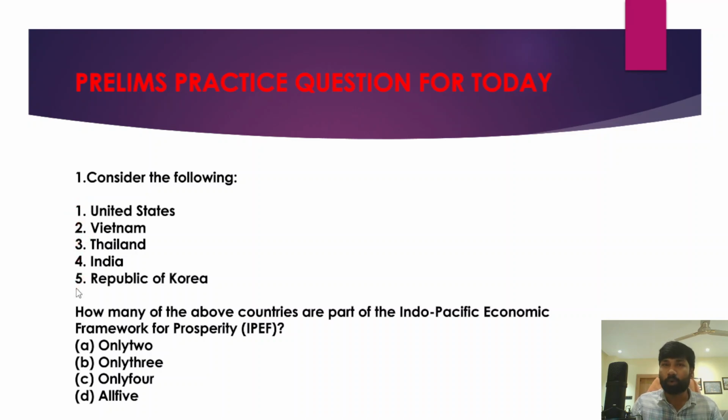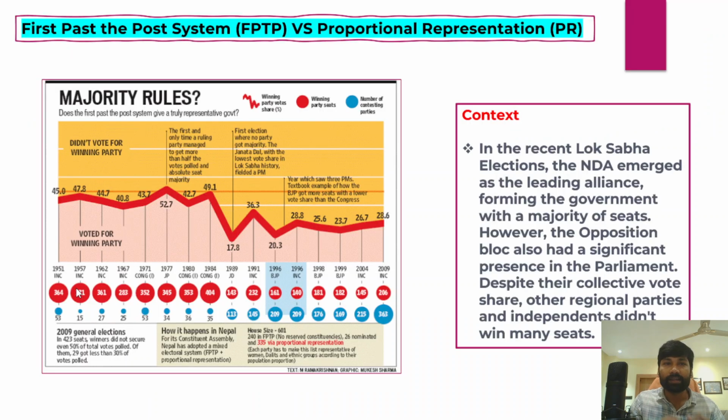It is very important for you to know about this framework and all the countries which are part of this economic organization, and try to answer this question in the comment section. And let's start our discussion by understanding the first past the post system and proportional representation.